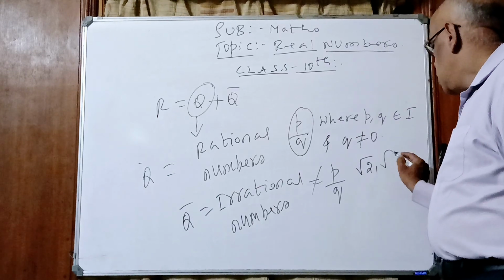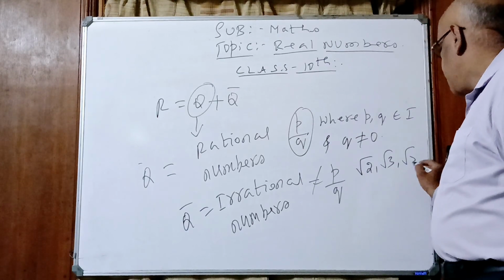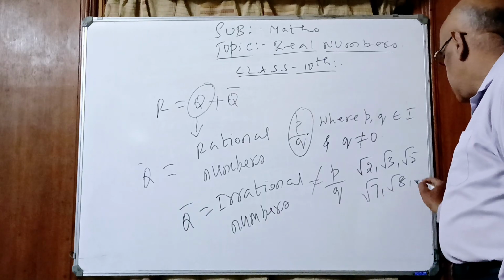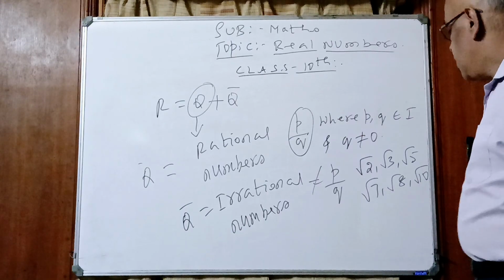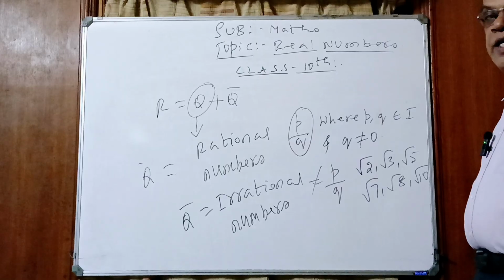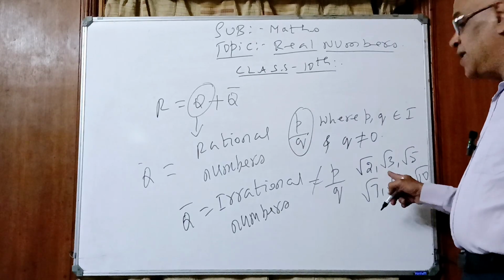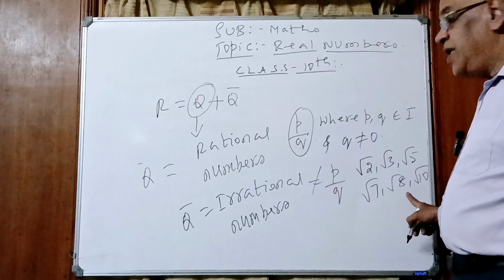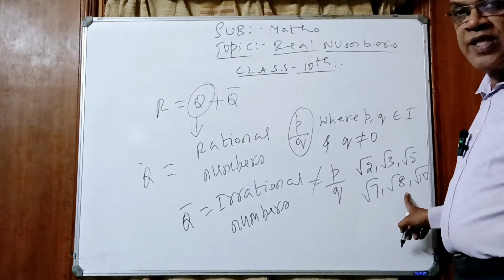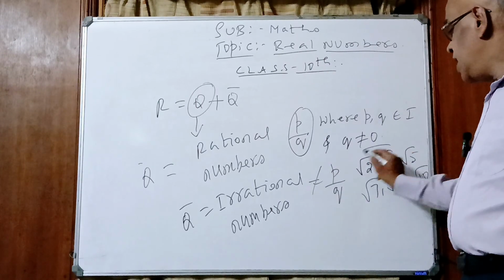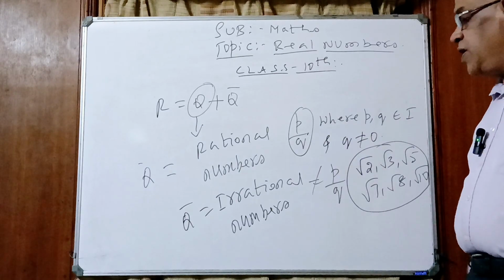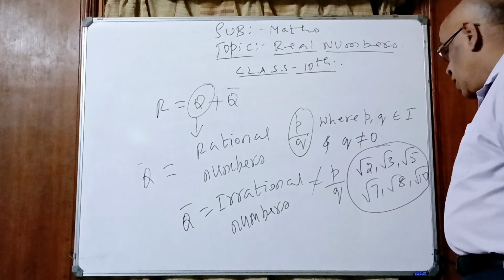Root 2, root 3, root 5, root 7, root 8, not root 9, root 10. Why? You might have got the hint, which are not perfect squares. I didn't write root 4. Square root of 4 is 2. Square root of 9 I didn't write because it is 3, which is a perfect square. Irrational numbers are those which are not perfect squares and cannot be written in the form of P by Q.